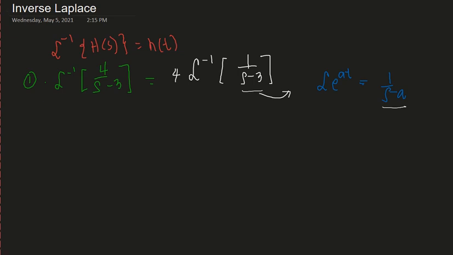So if a here is equal to 3, pwede siya naton ibase diri ang aton nga answer. Sa aton nga constant, we have 4. Therefore, ang aton nga inverse Laplace transform will be equal to e raised to a t, where a is 3. So, we have 4 e raised to 3t. This now will be aton nga final answer. Okay, so kung imo ni perform gamit ang Laplace transform, imo answer mangin parehas.